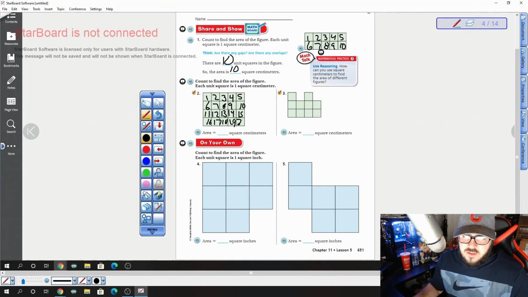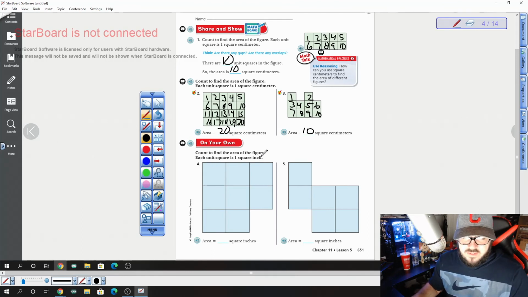Sorry, handwriting's getting a little sloppy here. And 20. So our area is 20 square centimeters. All right, number 3, same thing. 1, 2, 3, 4, 5, 6, 7, 8, 9, 10. 10 square centimeters.